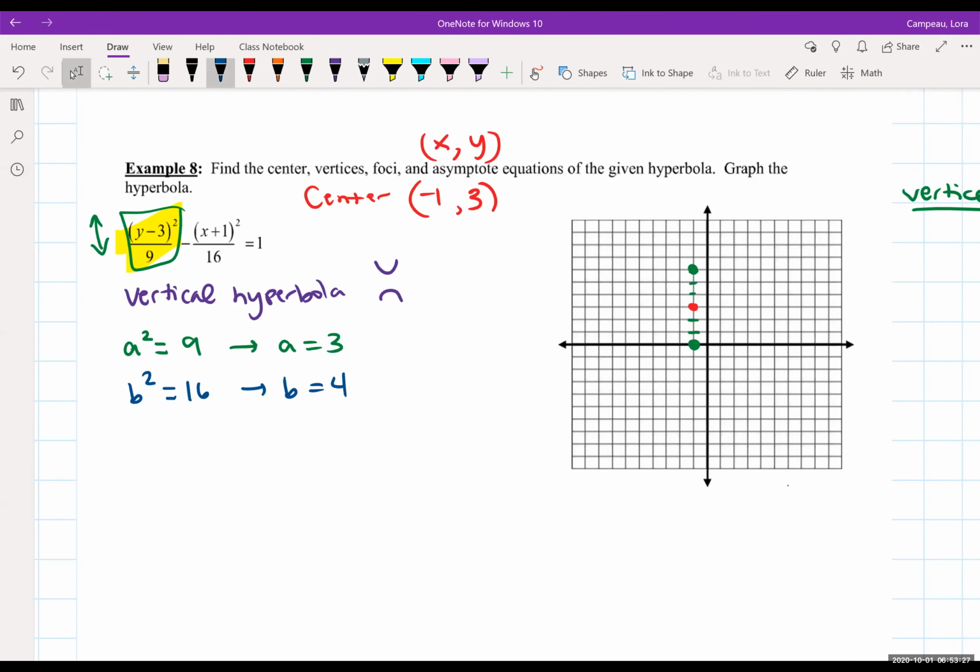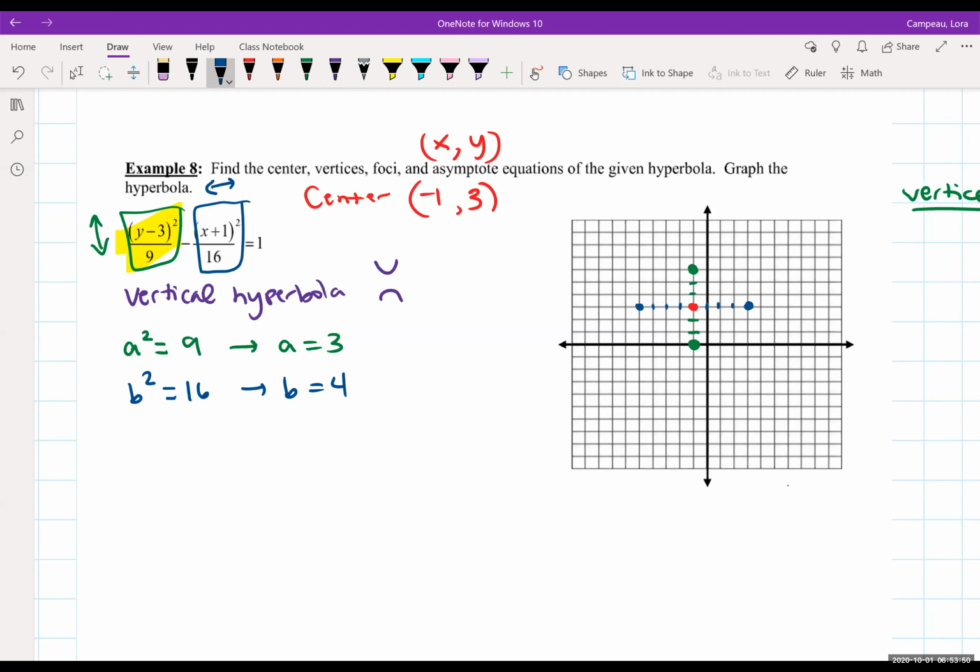Let's figure out how wide to make our box. That is 4 units out from the center. Because that b squared term is under the x term, that kind of movement is left and right. So from the center, we're counting 4 units to the right and 4 units to the left. There's nothing special about those points.